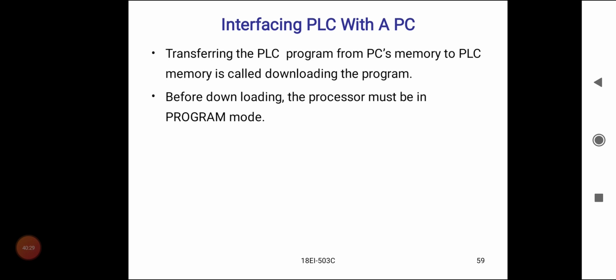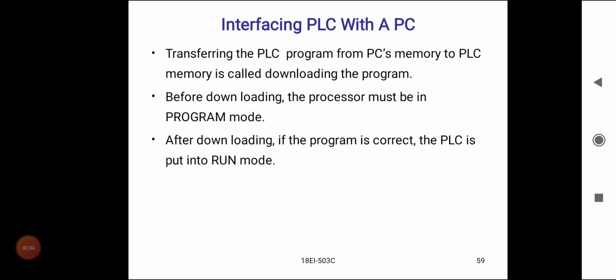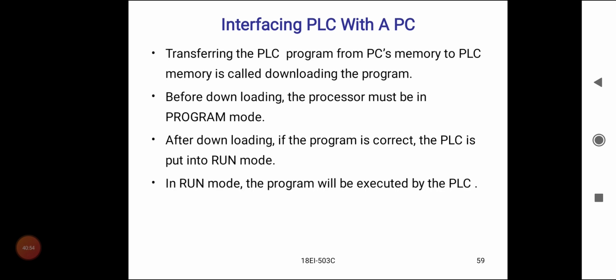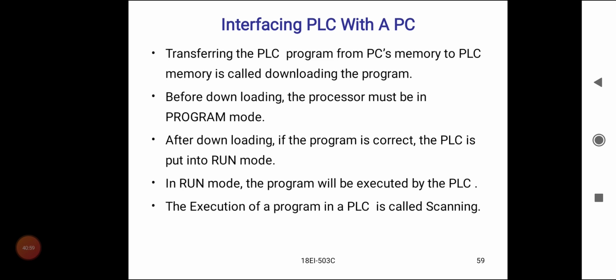After downloading, if the program is correct, the PLC is put into run mode. In run mode, the program will be executed by the PLC. The execution of a program in a PLC is called scanning.